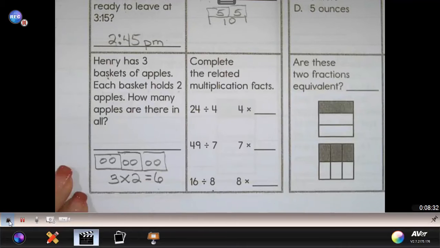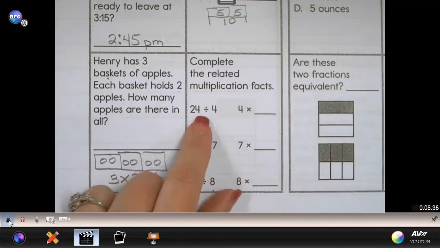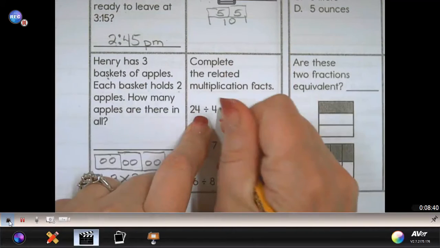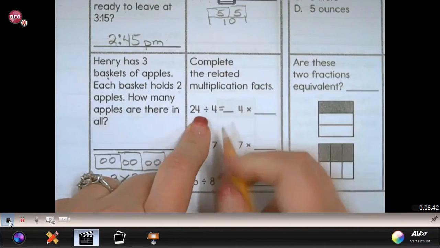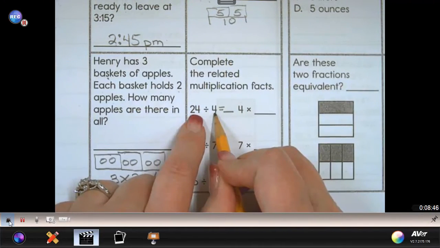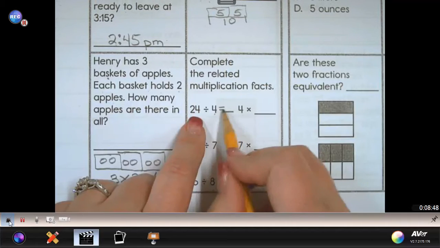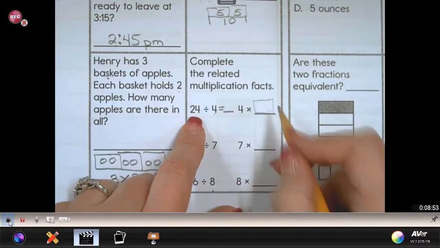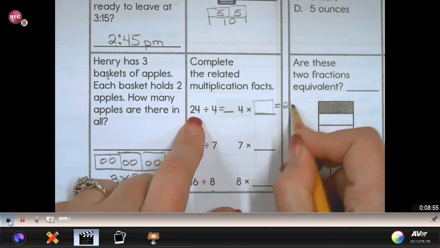All right, last set, we're going to use our division to help us find a missing factor. So I need to know how many groups of 4 does it take for me to make 24? Or how many groups of this number does it take to make 24?